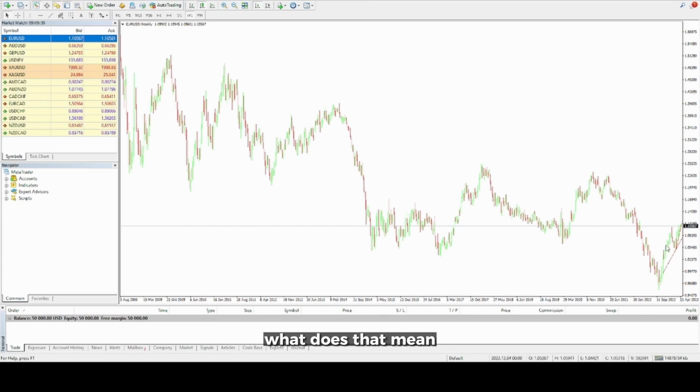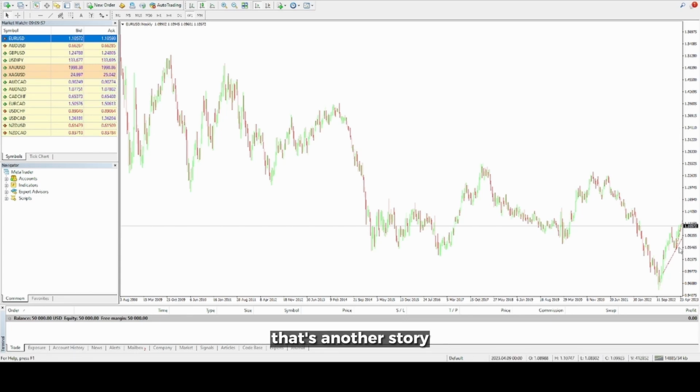What does that mean? That means USD is getting stronger. In the beginning of 2008, every euro would get you approximately 1.5 USD. Now, it actually went below par and it bounced back up again.